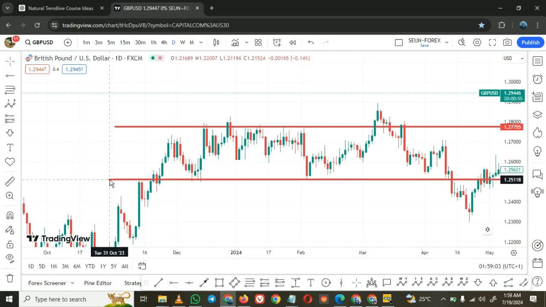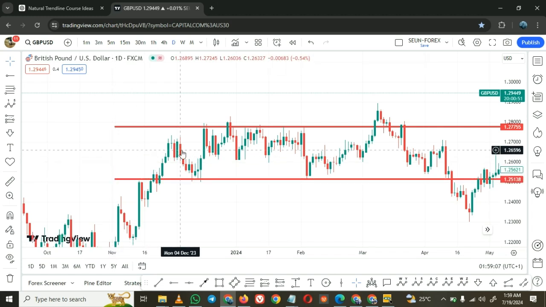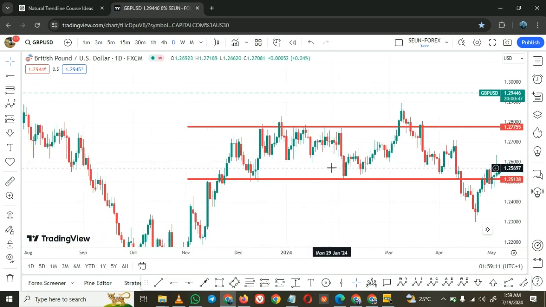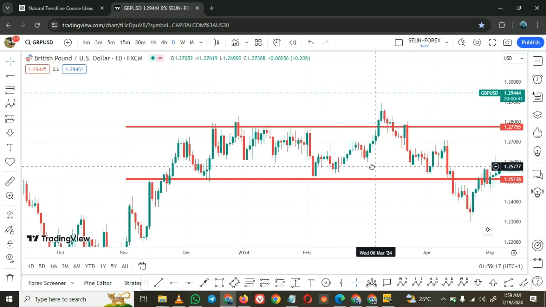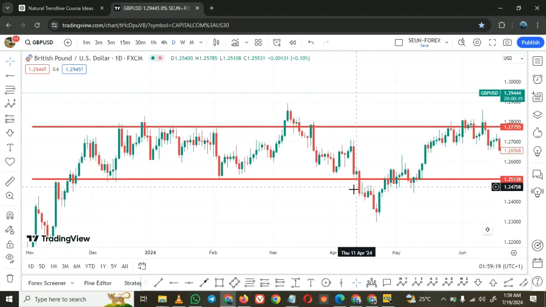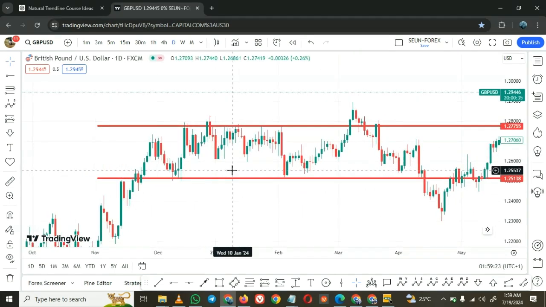Voila, we can easily see from here to here, this is daily time frame. That is from December 2023 to April 2024, GBP USD has been a sideways market.